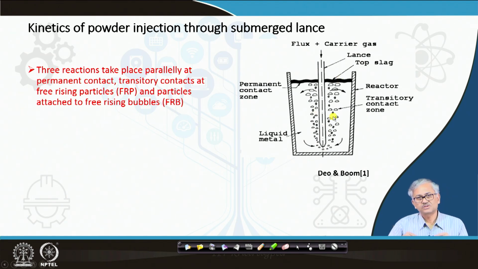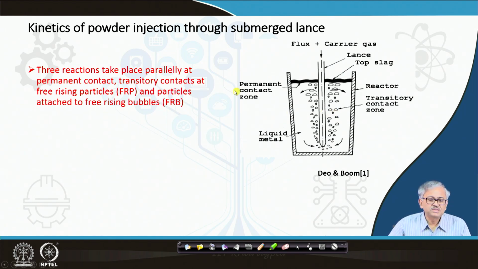And the transitory contact can also be divided into two parts. One is the contact at the free rising powder particle, another is the contact where the particles are attached with the bubbles. Okay. So, that is the other contact. So, basically 3 reactions, and all these reactions will take place parallelly, simultaneously.